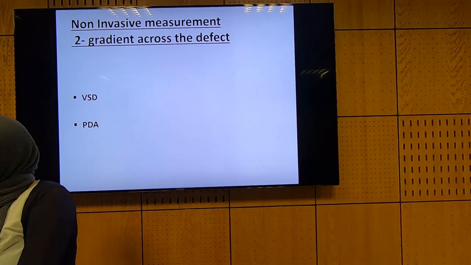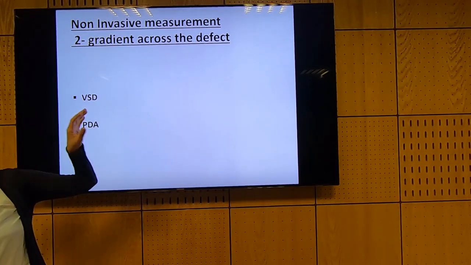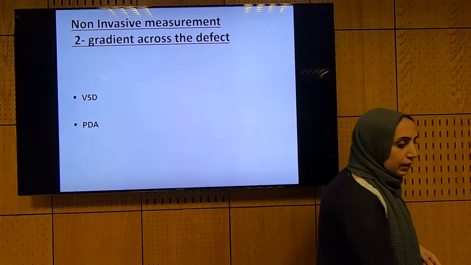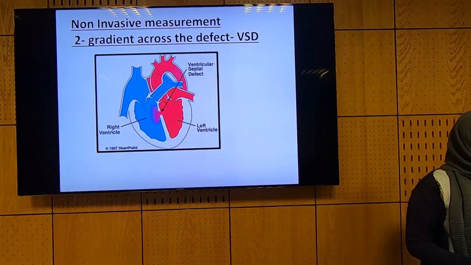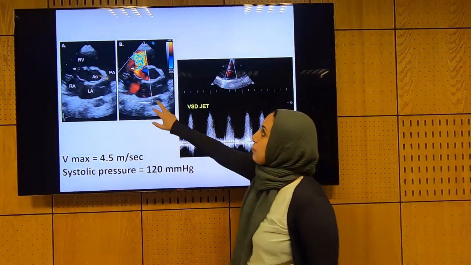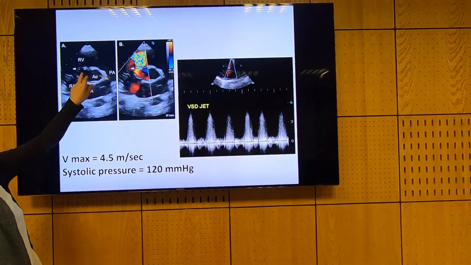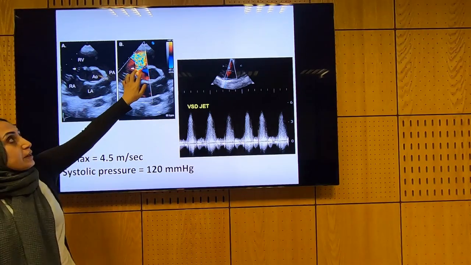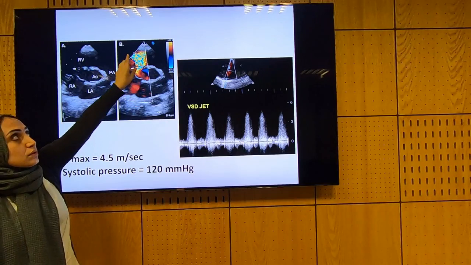When it comes to VSD, I will not go into the details, but you can measure directly the pressure gradient between the left ventricle and the right ventricle, right? So if we have this kind of VSD, the probe is above. This is the VSD, and the flow here has a mosaic appearance, and the direction is towards the probe.